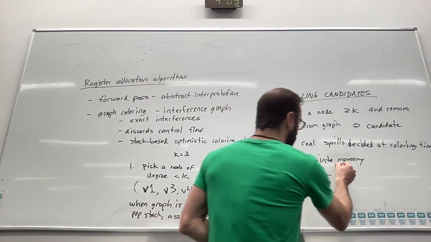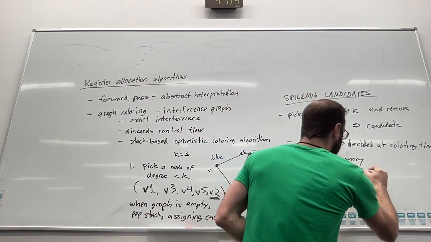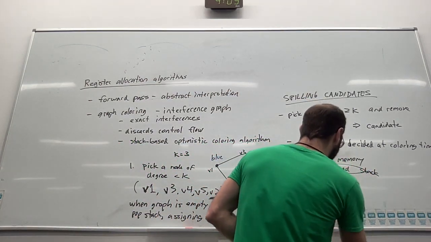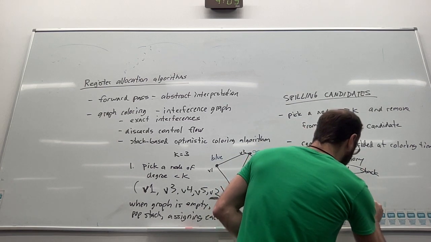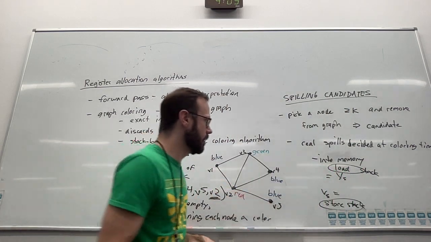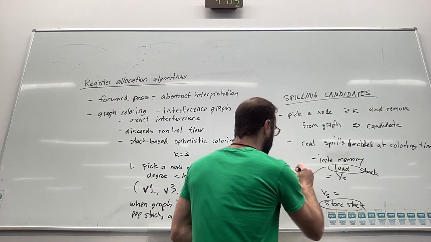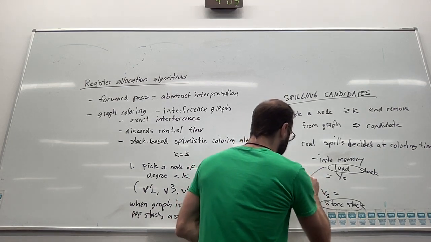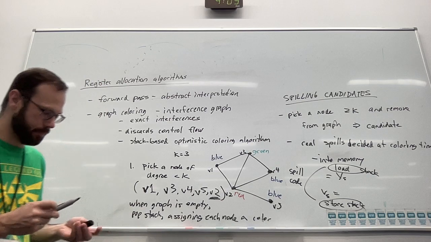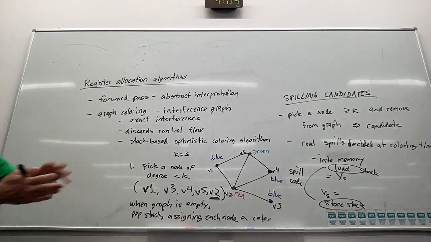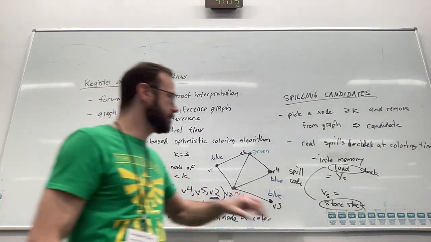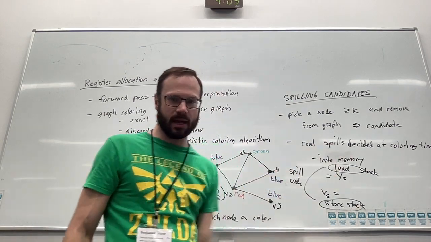And store is like a store to the stack. So this is called spill code. This has to be inserted into the program to load and store these things from the stack frame. And we just assume that the stack frame can get as big as we want, so we'll always be able to spill things into memory on the stack.